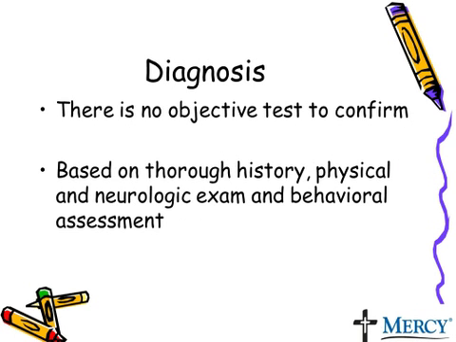It's important to realize that there's no one test that makes a diagnosis of ADHD. There's not a blood test, an EEG, an X-ray, or computerized test that says, yes, this is ADD. You're talking about looking at the overall picture based on a thorough history.